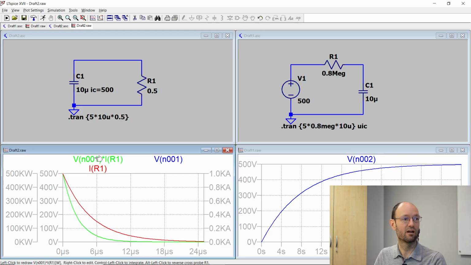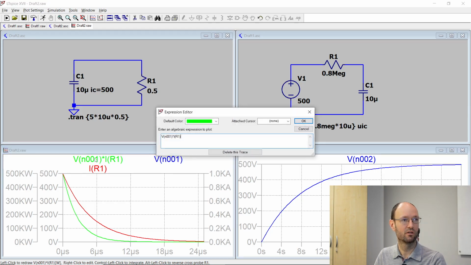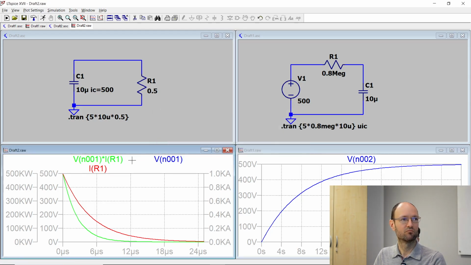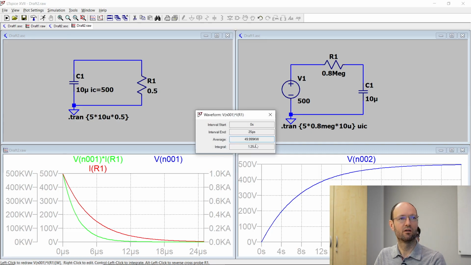Okay, Control left click to integrate. No, Control left click. Okay, yeah. So this is, I think, what I've done. So the integral is 1.25 joule, which perfectly makes sense.